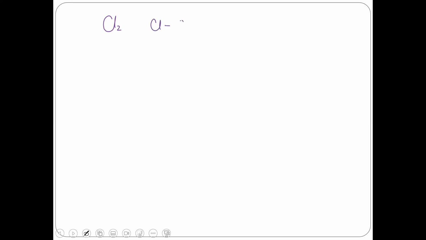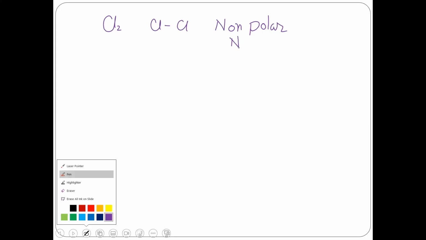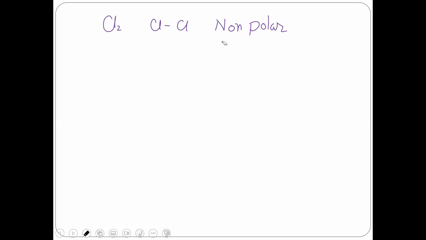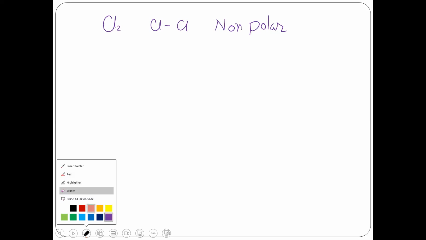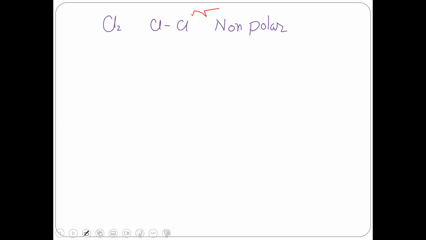This is a chlorine molecule, ClCl, and this molecule is non-polar, and due to being non-polar, it is very less reactive. It's not willing to react with anyone. It's a stable molecule. Now, what we are providing is energy in the form of ultraviolet rays.